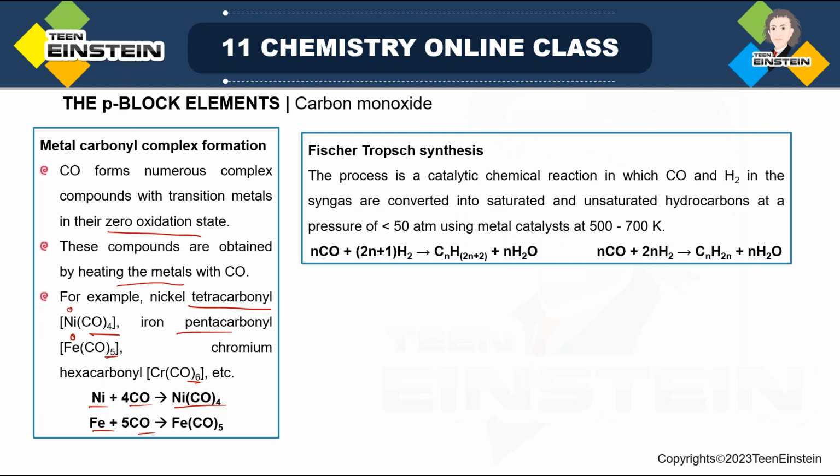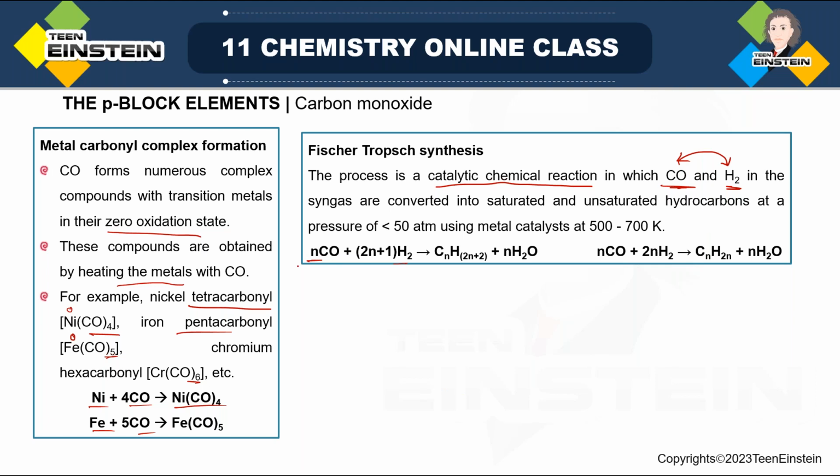Fischer-Tropsch synthesis. This process is a catalytic chemical reaction. What we are doing in this process, we have taken CO and H2, but when we are treating them with each other, there is a specific ratio. When n moles of CO are taken with 2n+1 moles of H2, which is nothing but syngas, it is converted to saturated hydrocarbons.